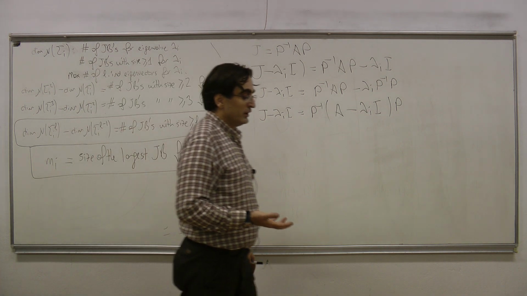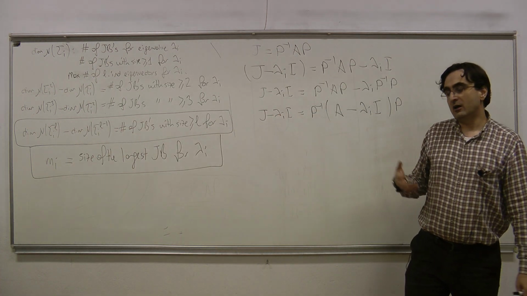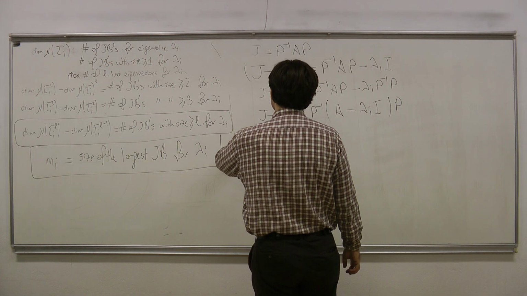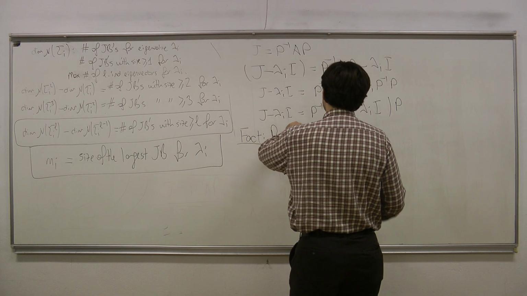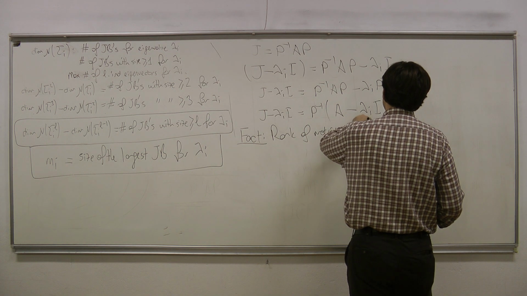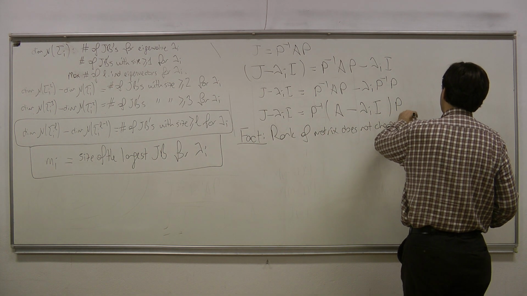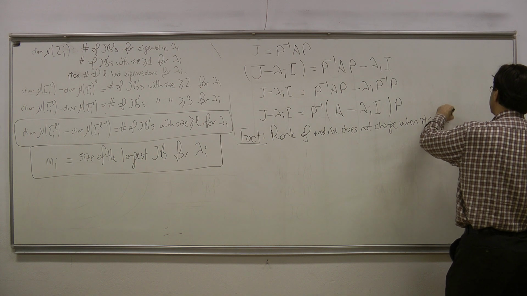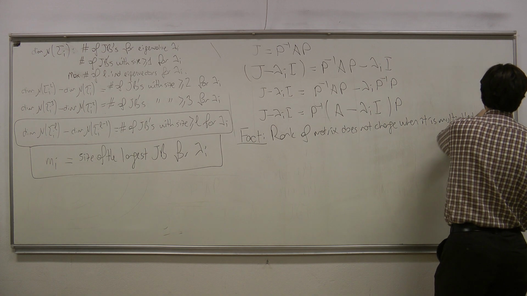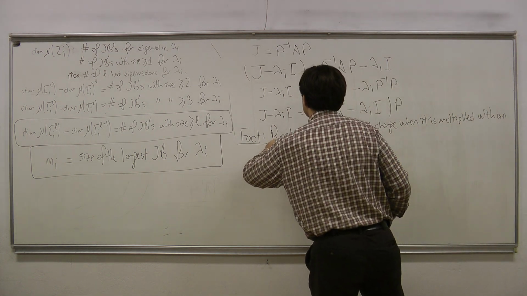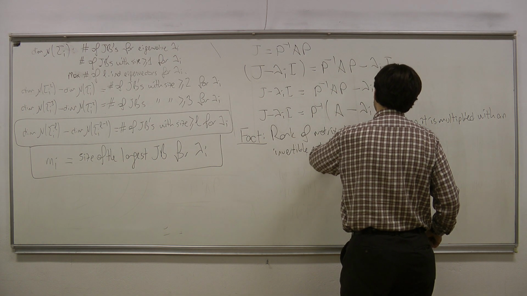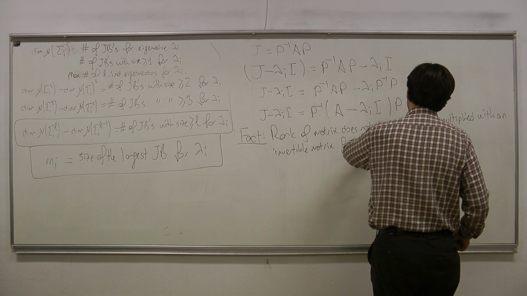Actually, I'm going to give the proof of this fact as an additional note, and I will upload it into the class. So the fact is the following. The rank of a matrix does not change when it is multiplied with an invertible matrix from the right or from the left.